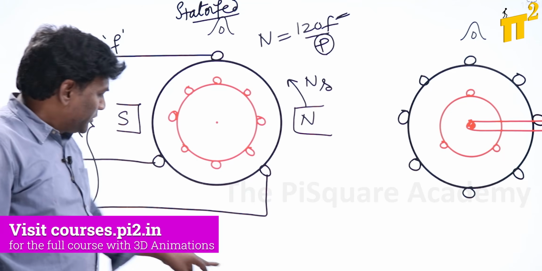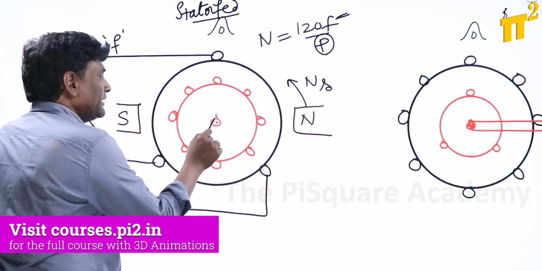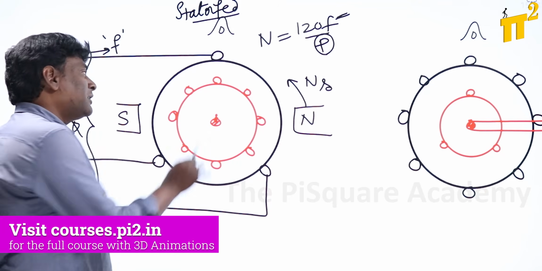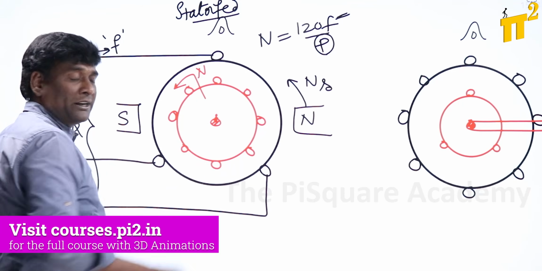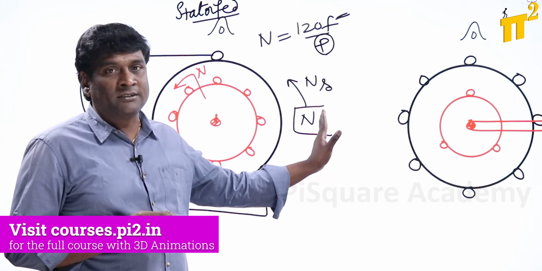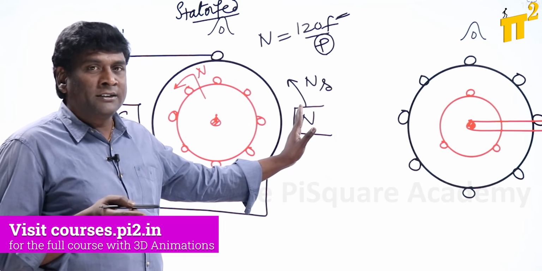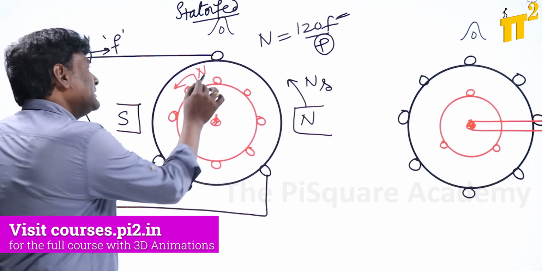Now if you think of the rotor here, my rotor is going to rotate in the same direction. In the stator fed condition, whatever may be the direction of stator MMF rotation, in the same direction my rotor also has to rotate. So this is NR.